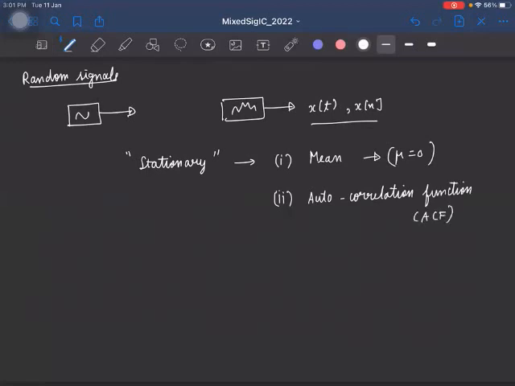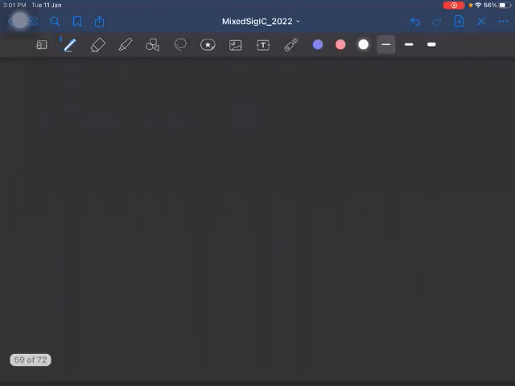Let's see what this autocorrelation function actually means. Let's say we have a signal x of t. Say it's a random signal and it's varying slowly like this. Let's say at t equal to 0 I find the value, say it's some x naught.